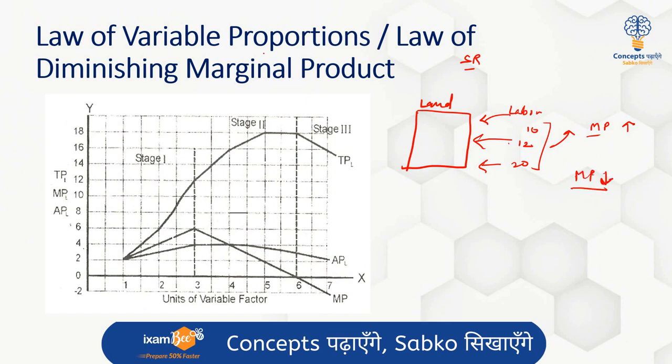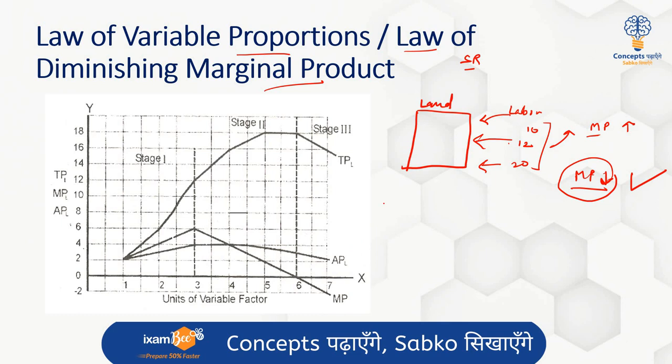And this is the law of variable proportions or the law of diminishing marginal product, that ultimately after a certain unit of variable input employment to a fixed factor input, the marginal product would start declining. Now you can see here in this diagram also, initially the marginal product increases from 1 unit to 3 units of variable factor employment, but after this point the marginal product starts falling continuously.